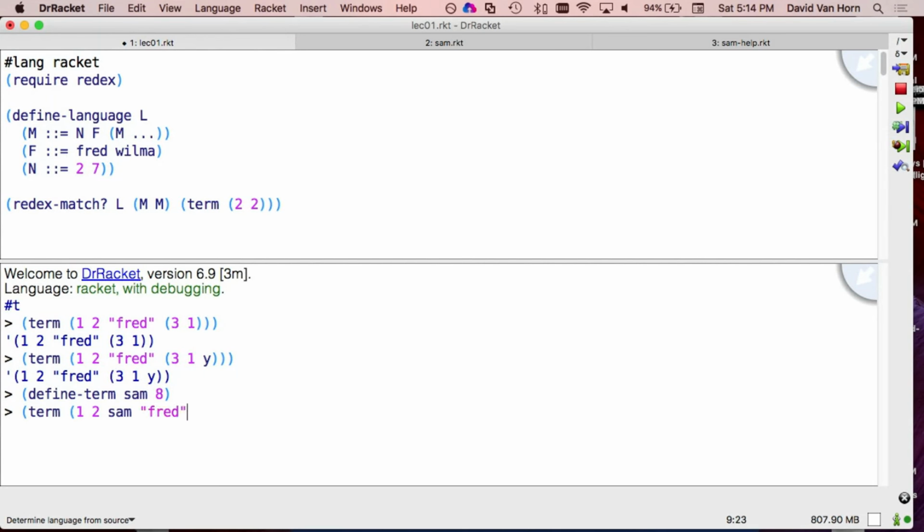So with something like that, I actually get the substitution of what that variable is defined to be in for the occurrence here. Okay? All right.